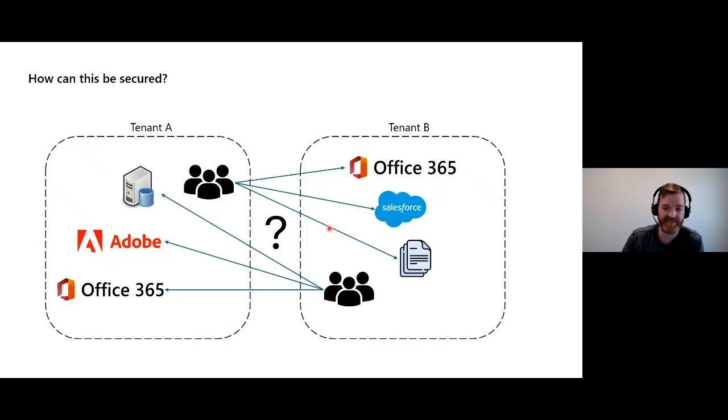And so now you have this proliferation of access potentially happening within your environment. And so that is going to be the topic for the rest of this session: how can you control the access between various organizations and their tenants.